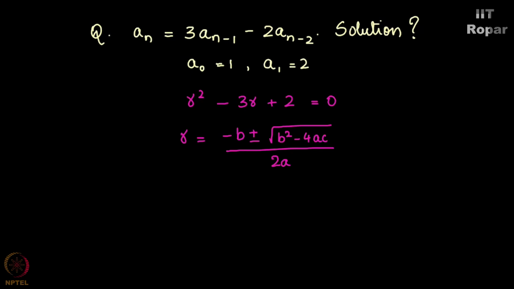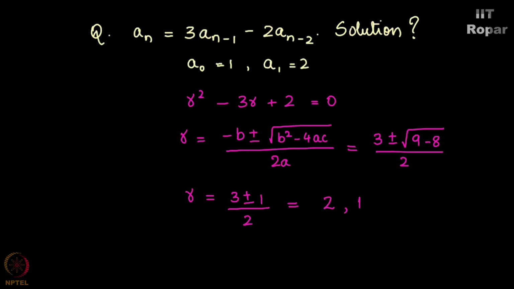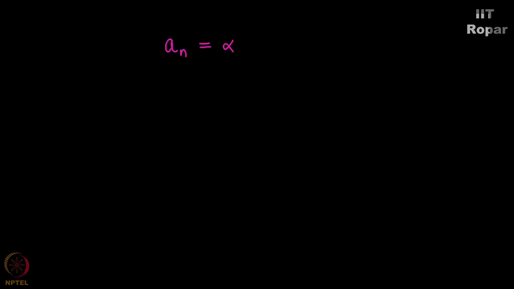Solving this, I will obtain the two roots. Let me substitute for a, b, c. I get 3 plus or minus the square root of 9 minus 8, divided by 2, and this happens to be 3 plus or minus 1 by 2, which is 2 and 1. So, 2 and 1 are the distinct roots of this quadratic equation.